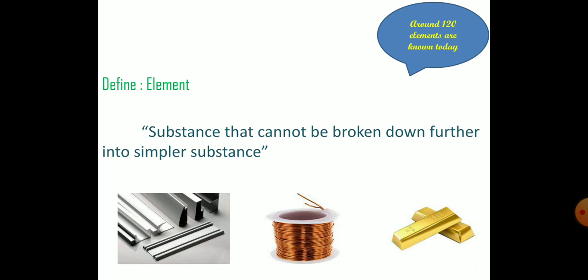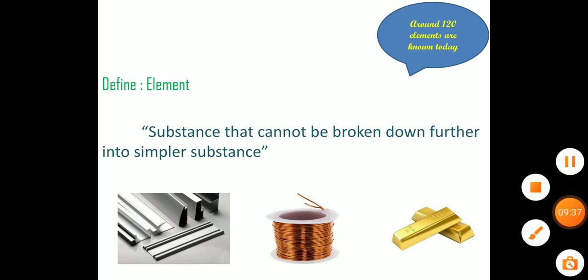Examples for elements: hydrogen, helium, nitrogen, oxygen, carbon, gold, silver, and so on. As I told you already, we have around 120 elements till date, and the analysis of finding elements keeps on going. So what is an element? The substances that cannot be broken down further into simpler substances.